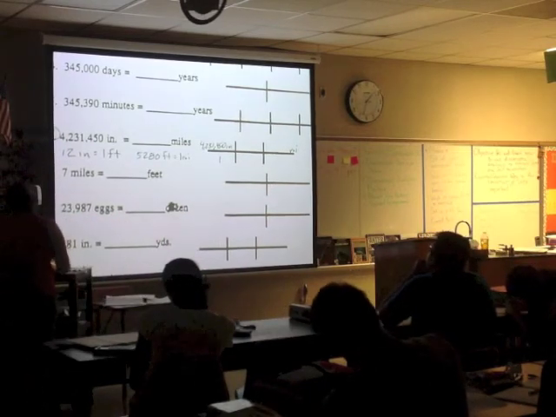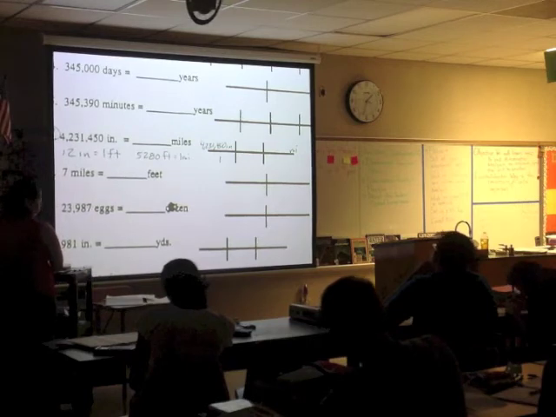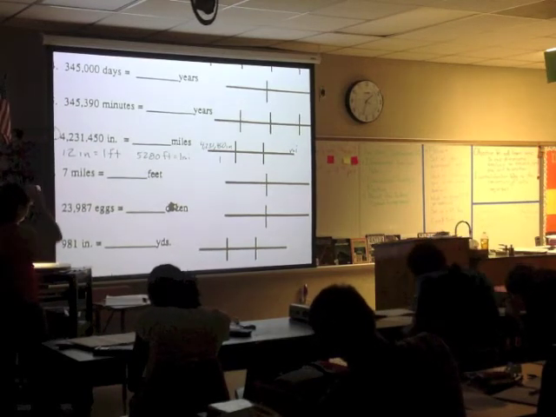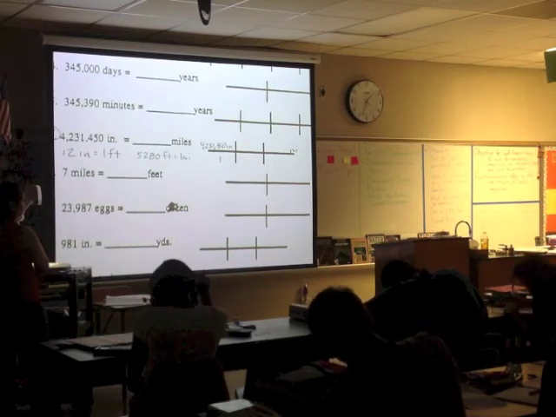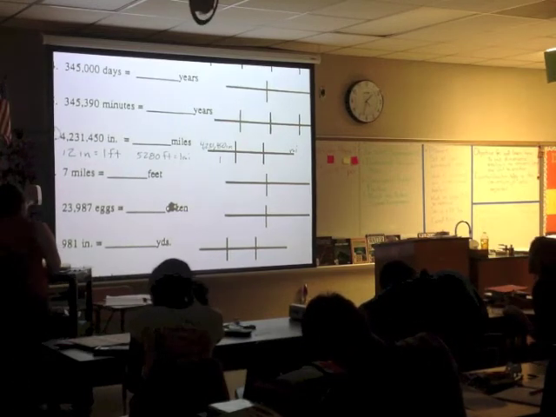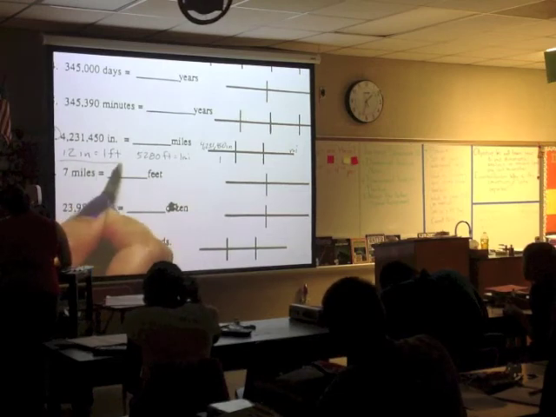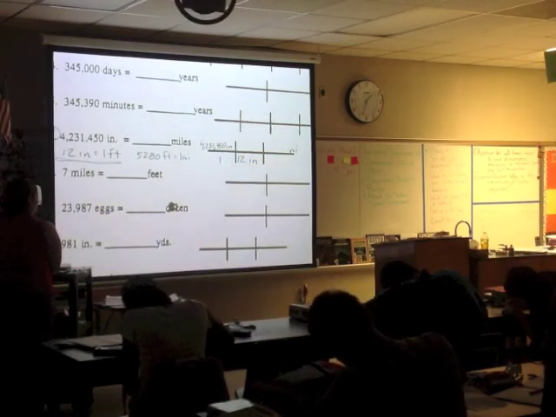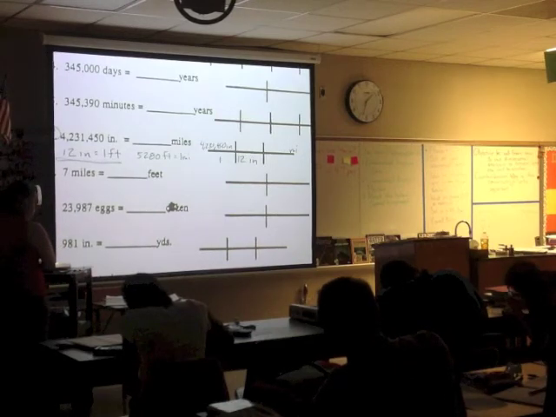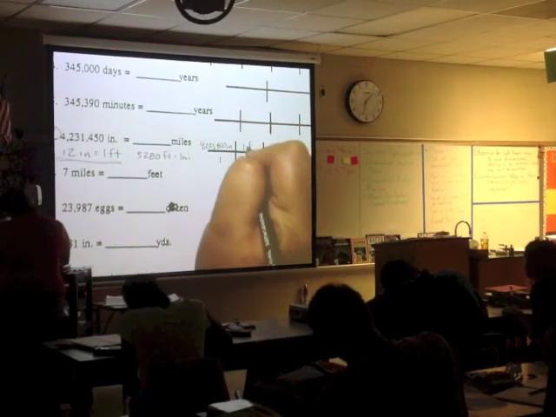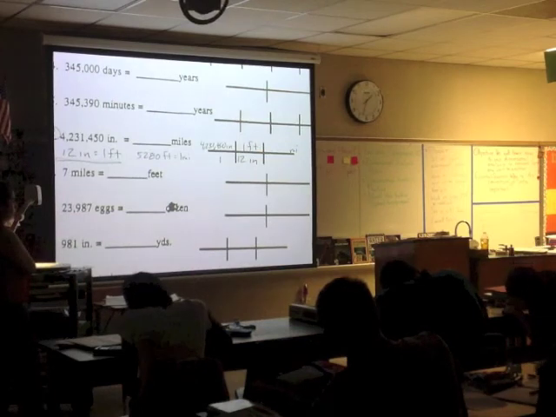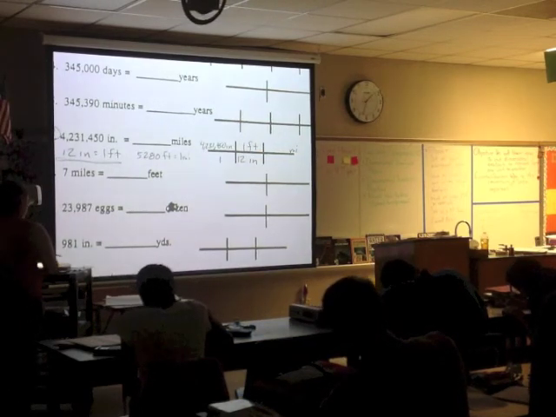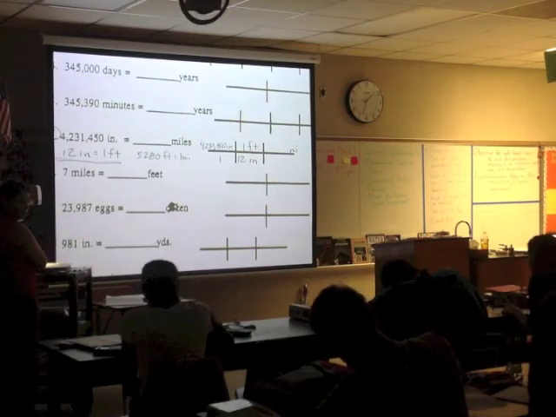Okie doke. So now what do I do? What I don't want. So what do I not want anymore? The inches. So here I'm using this one. 12 inches. And what goes at the top? 1 foot. Okay. Now? Am I done? So where am I going to write the 1 mile?